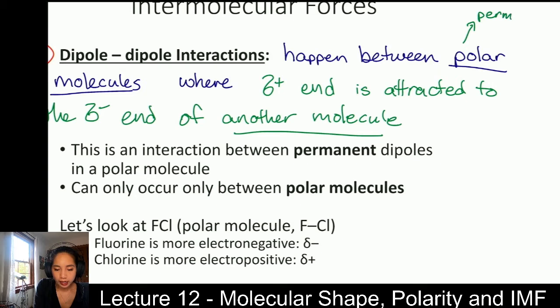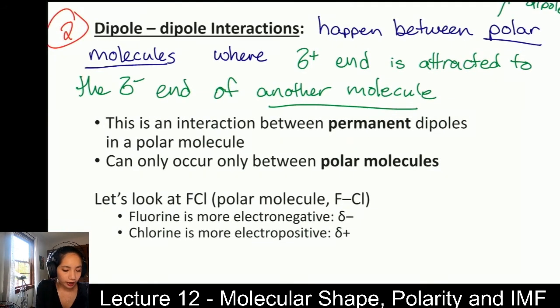That's what I mean by permanent dipoles, as a contrast with temporary dipoles from London dispersion. It can only occur in polar molecules. But remember, polar molecules will also have London dispersion. It's just not as important because the dipole-dipole interaction is stronger.